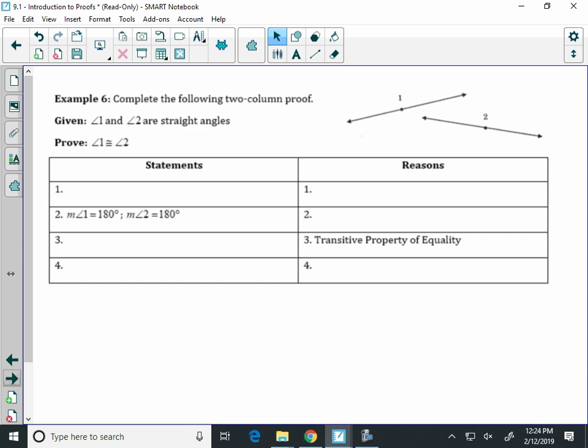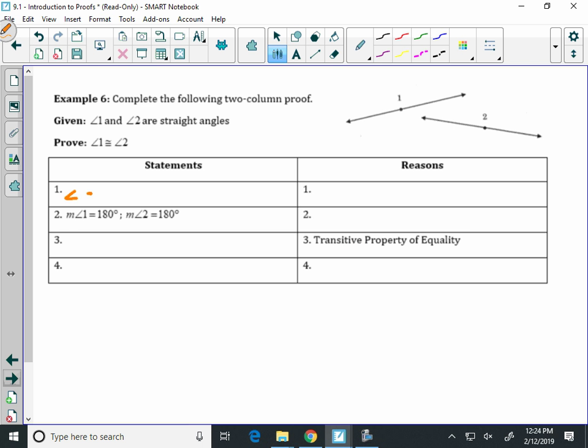If we take a look at example 6, it says complete the following 2-column proofs. We're given that angle 1 and angle 2 are straight angles, and we're going to try to prove that angle 1 is congruent to angle 2. So what's going to be our first statement? Every time, the given. Angle 1 and angle 2 are straight angles.